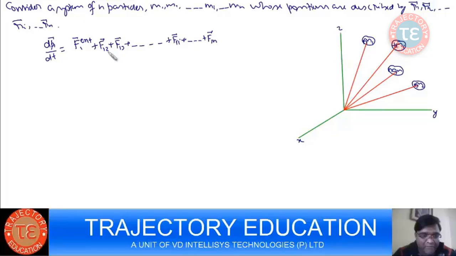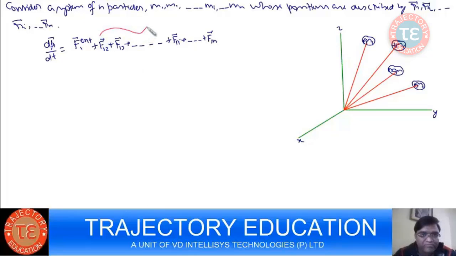F12 is the force applied by 2 on 1. F13 is the force applied by m3 on 1. F1i is the force applied by the ith particle on m1, and F1n is the force applied by the nth particle on 1.